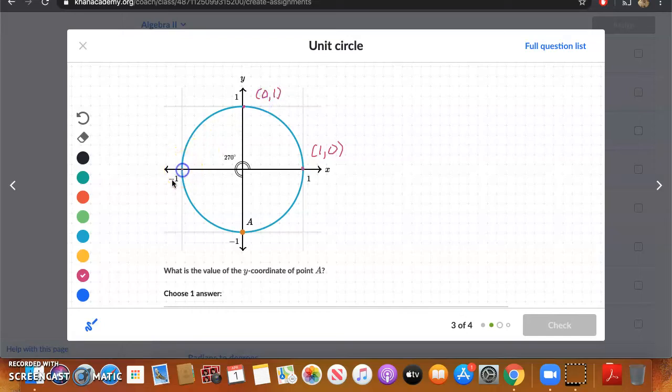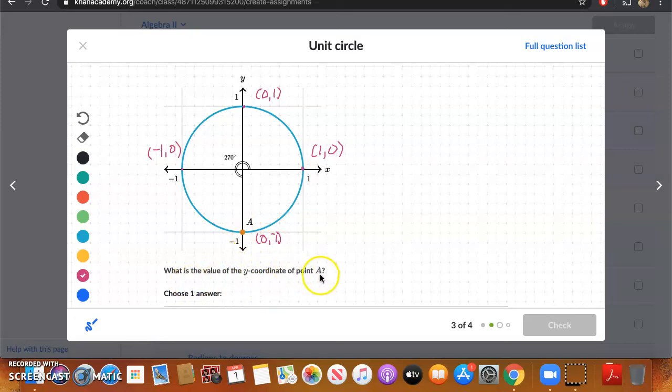This point is negative 1, 0. And finally, this point down here is 0, negative 1.